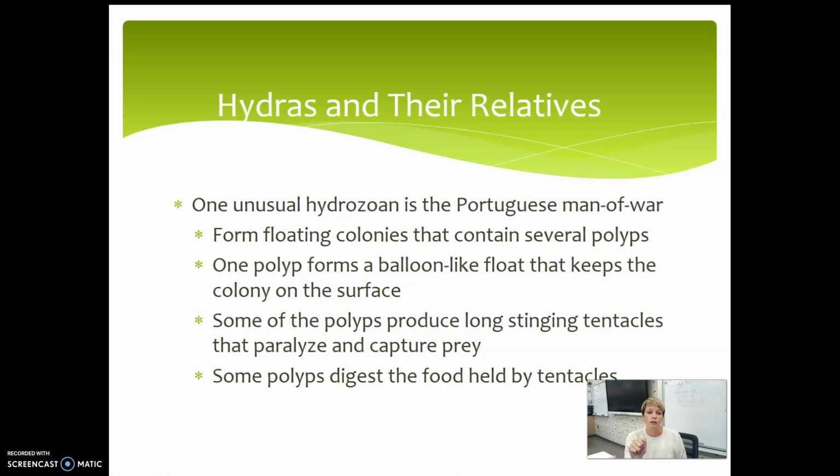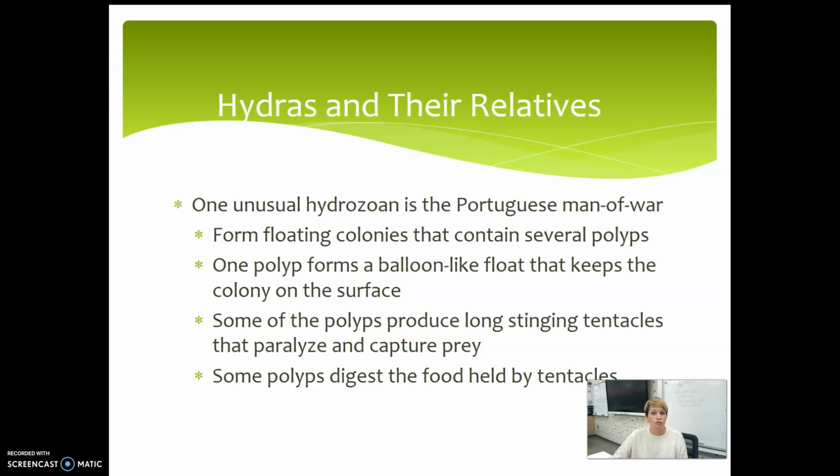Another example of a hydrozoan that is a little bit more unique is the Portuguese Man of War. So this obviously originates in or around Portugal, and these actually look more like a jellyfish than anything else because they do have the long tentacles, they have that medusa shape at the top, but these are actually hundreds of different polyps that are living together.